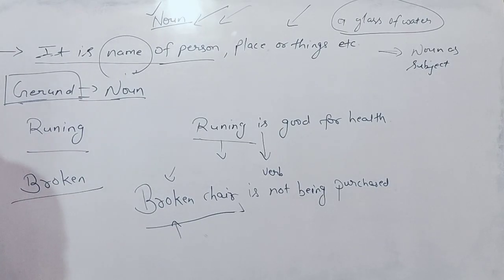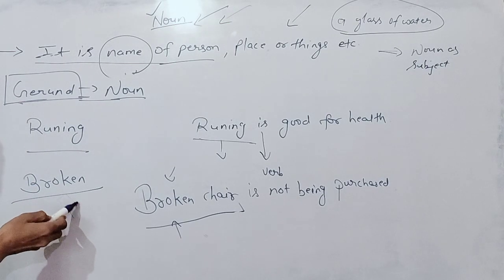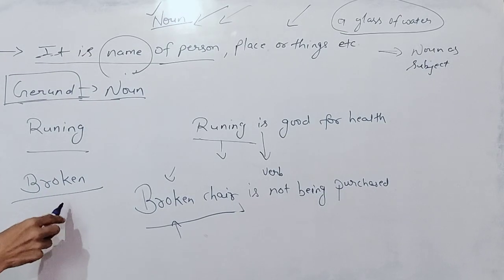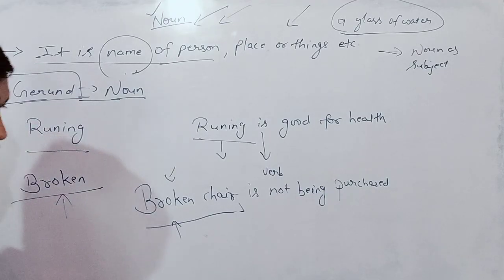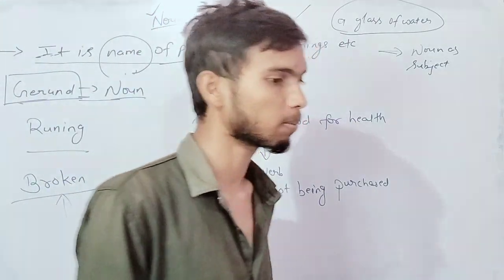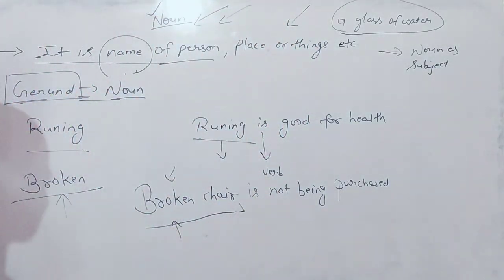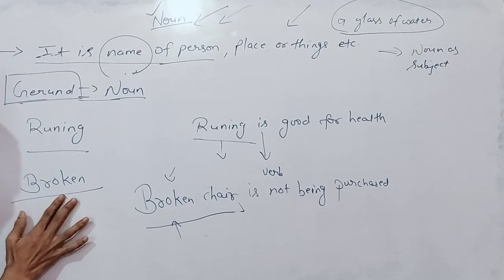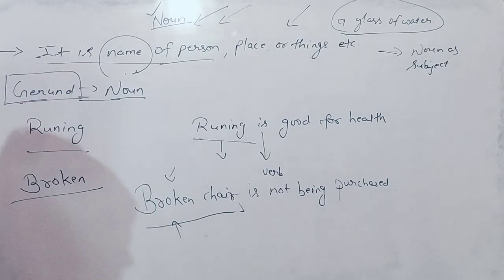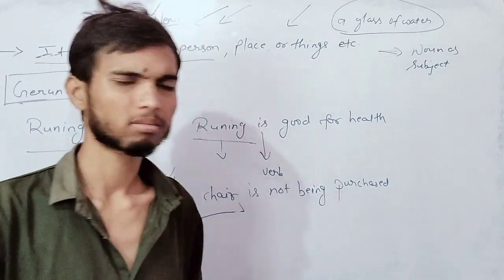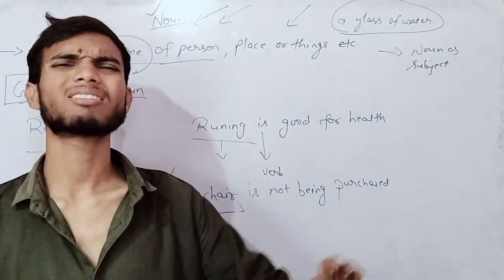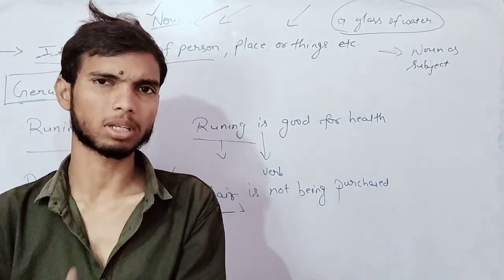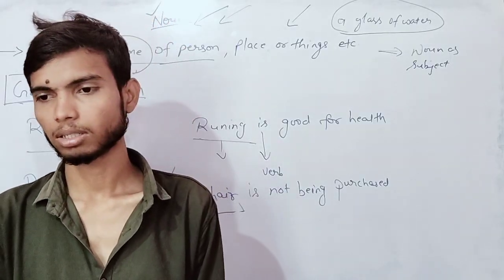This is because this verb is telling you how something is. That's all. For example, this is a verb as you know, but when we say broken chair, that verb makes us something else.